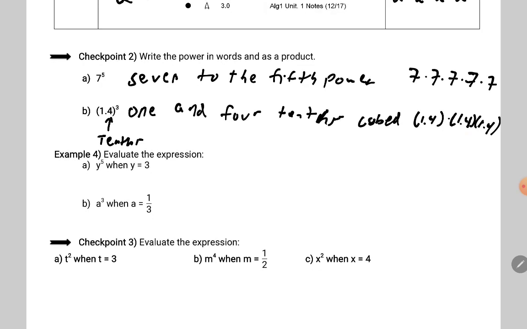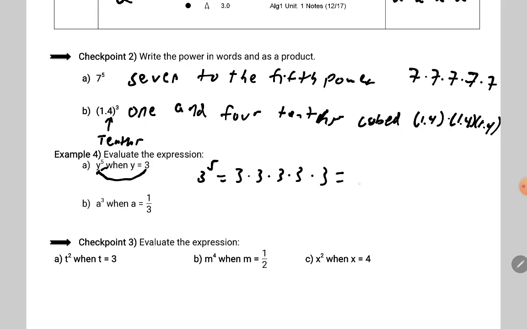Y to the 5th when y equals 3. Okay, so evaluate, like solve, simplify. Evaluate means just give me the answer, but show your work. So every time I see y, I'm going to replace it with 3. So I have 3 to the 5th power, which means 3 times 3 times 3 times 3 times 3.